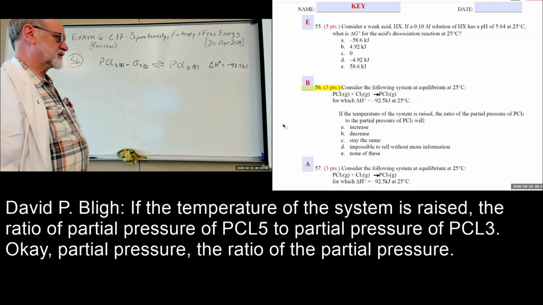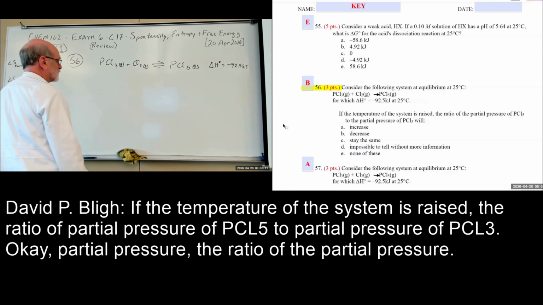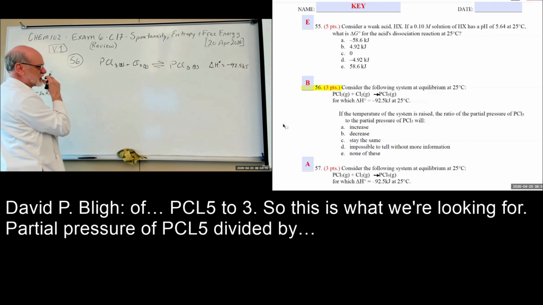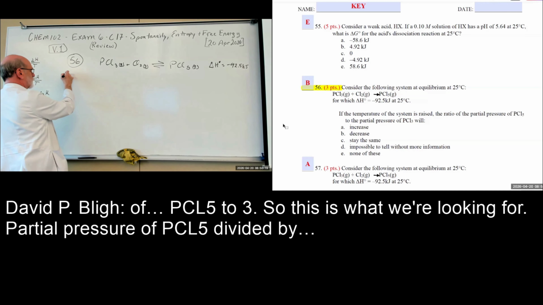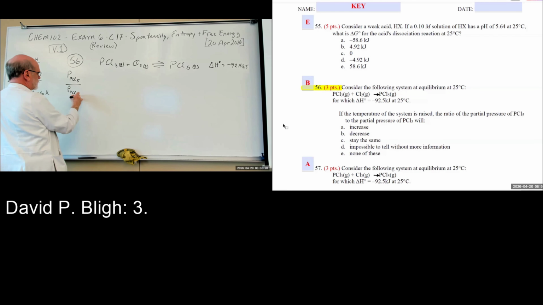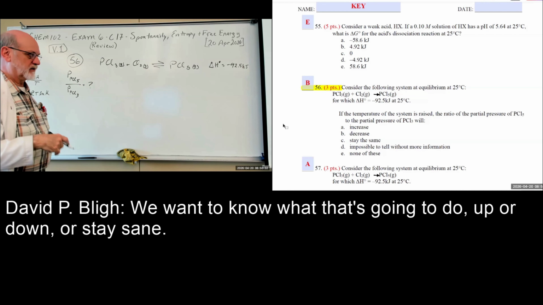If the temperature of the system is raised, what happens to the ratio of the partial pressure of PCl5 to the partial pressure of PCl3? So this is what we're looking for: partial pressure of PCl5 divided by PCl3. We want to know what that's going to do, up or down or stay the same.